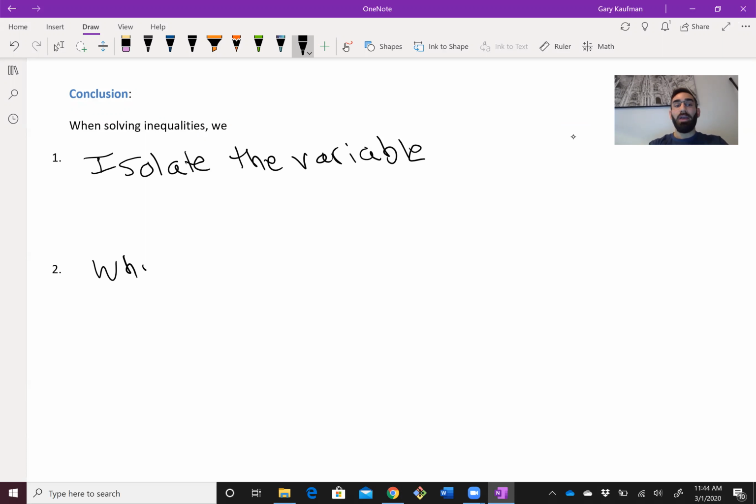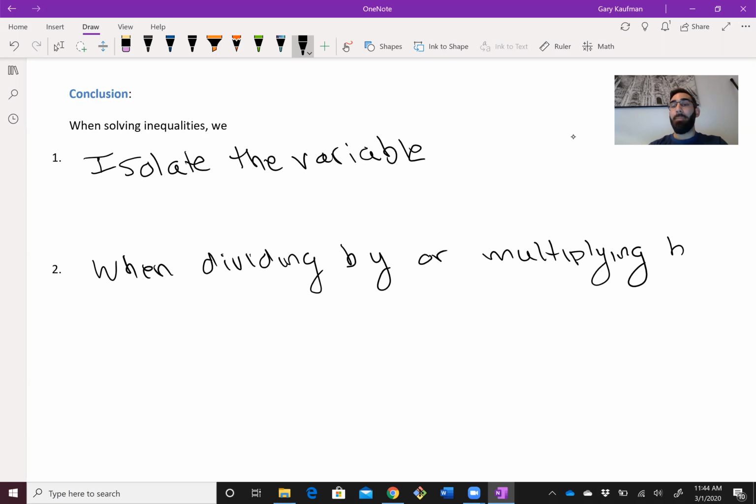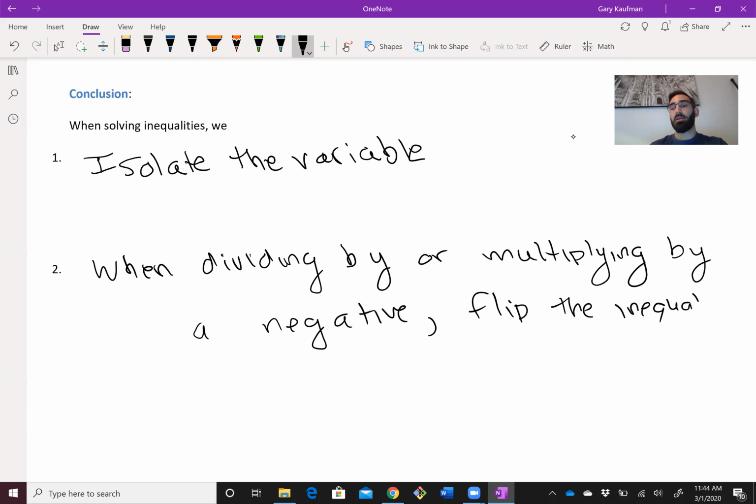And when dividing by or multiplying by a negative, flip the inequality sign. Those are the two big takeaways from today's lessons.